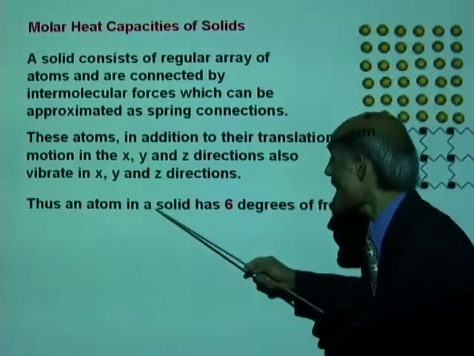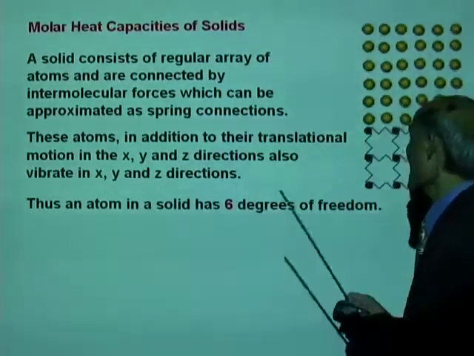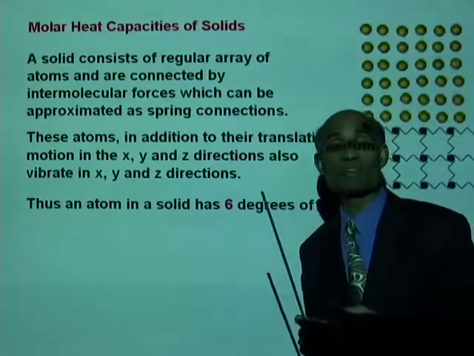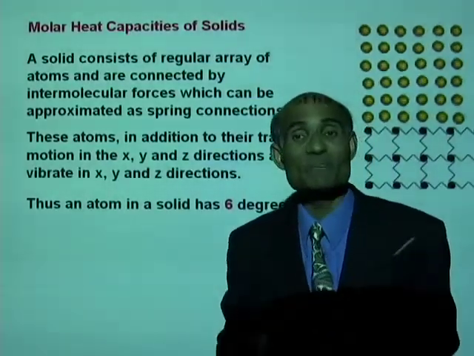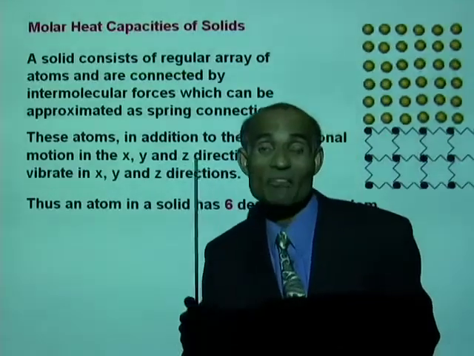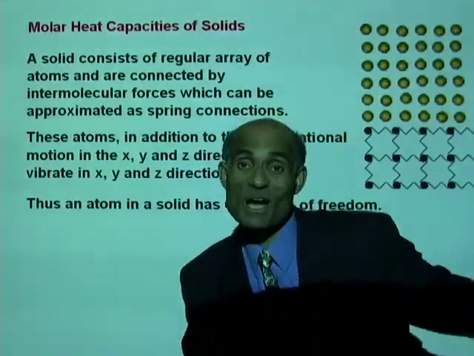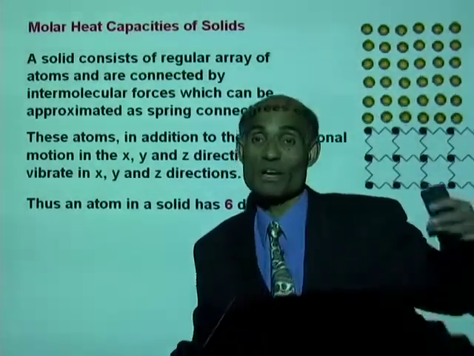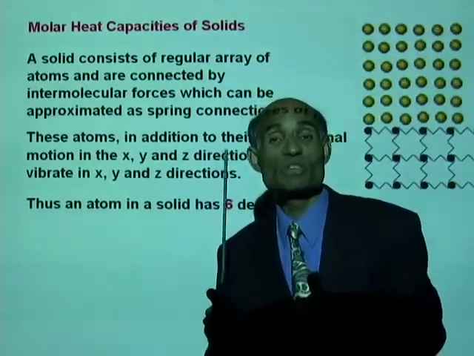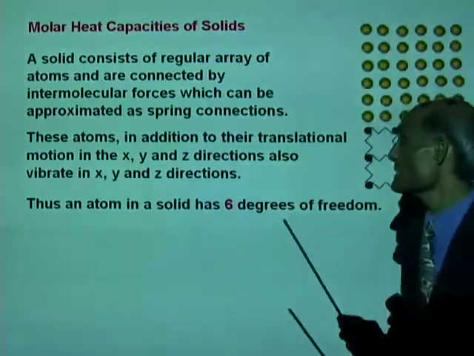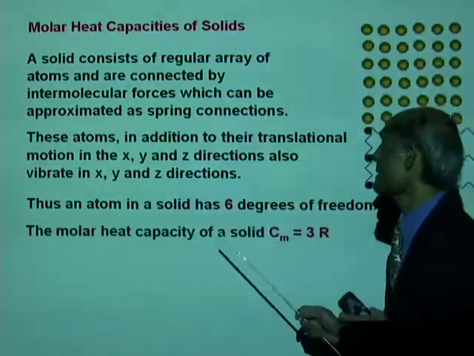So, thus an atom in a solid has 6 degrees of freedom. And what is the energy associated with each degree of freedom? It is 1/2 kT. We have said this now numerous times. I don't think you can forget. The energy associated with 1 degree of freedom is 1/2 kT.